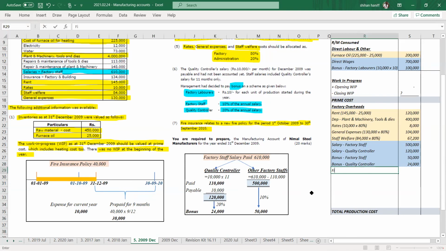Fire insurance policy is only 10,000. From 40,000, 30,000 belongs to next year. Only 10,000 belongs to the current year out of the fire insurance policy.